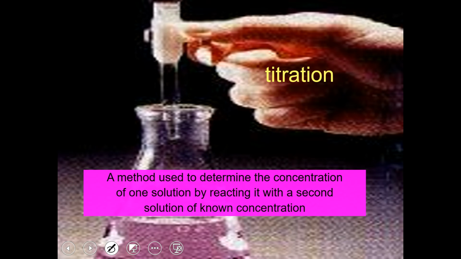All right, titration is a method where you have a solution of known concentration and you react it with a solution of unknown concentration. We're going to do a titration lab in this class.